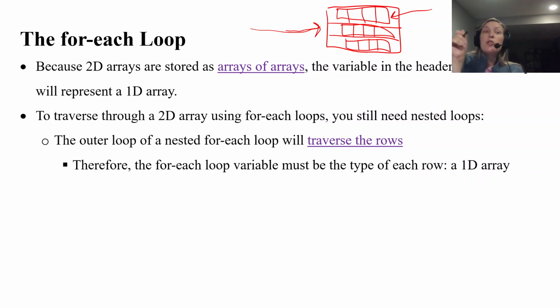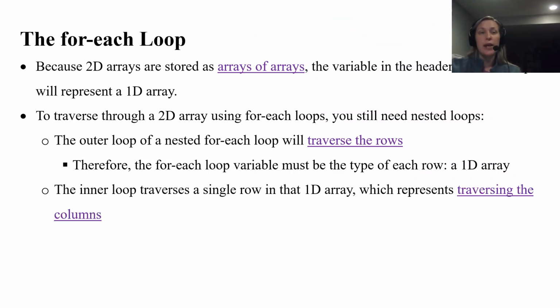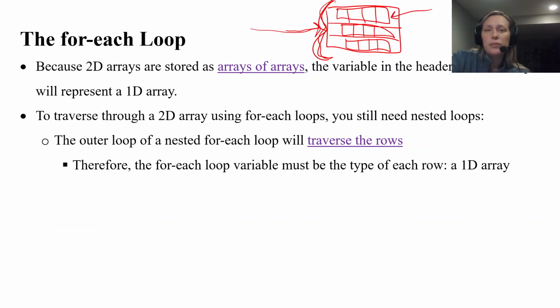So when we do the for each loop, the outer loop is going to be traversing through this outer array, which is the rows. The inner loop is going to traverse through a single row in that 1D array, which represents the columns. So I'm going to go back a second here. The inner loop is going to go through each of these inside the array, which represents traversing through the columns.